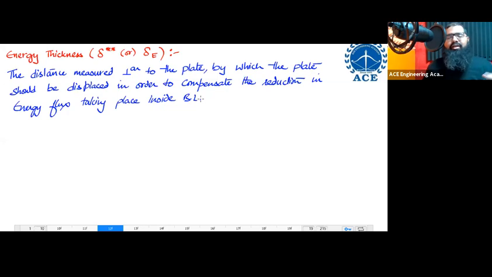Look, inside the boundary layer all these things are happening because inside the boundary layer viscous forces are acting.